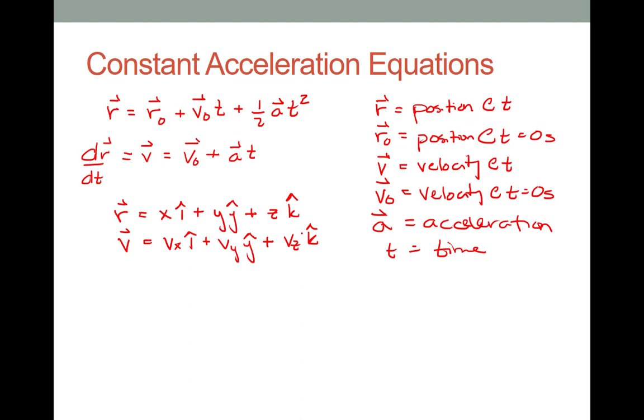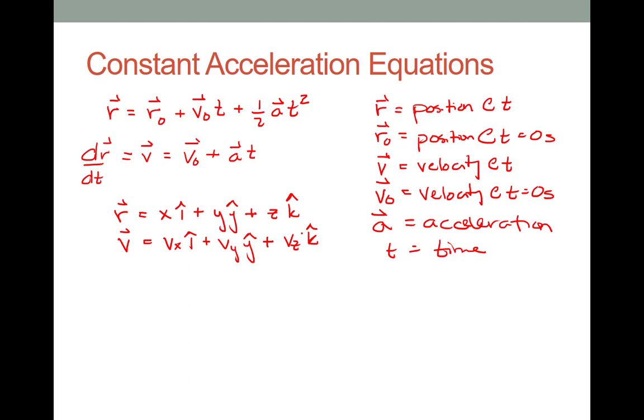Now, assuming that we can separate our motions, so nothing in the x direction depends on the y or z direction, the same thing for y not depending on x or z, and z not depending on x or y, that allows us to simplify our equations. And for now, we're going to simplify down to one dimension.